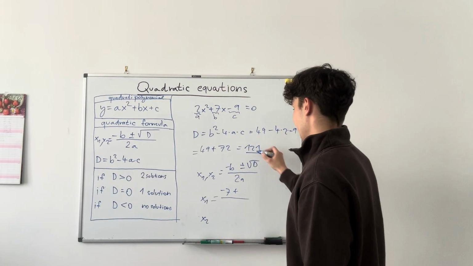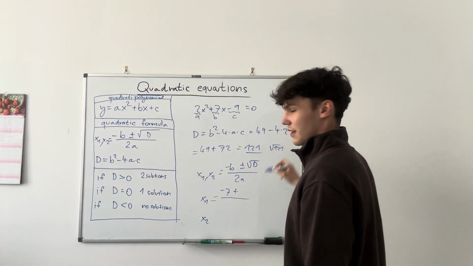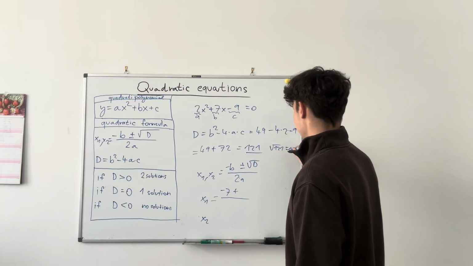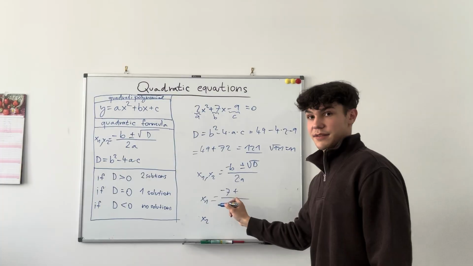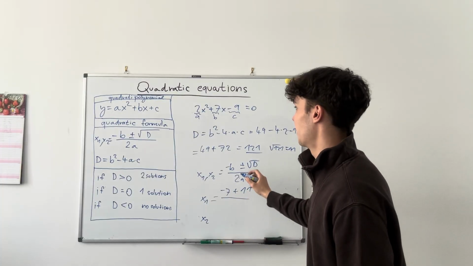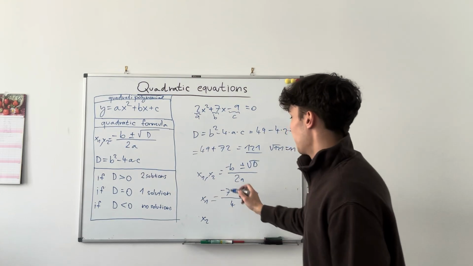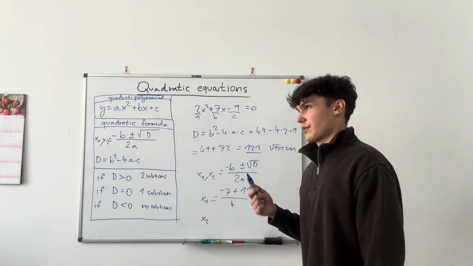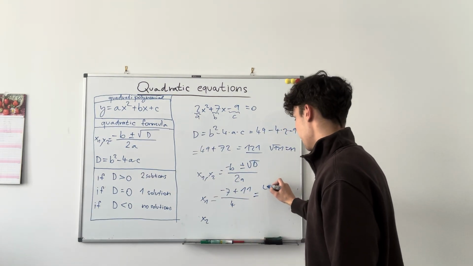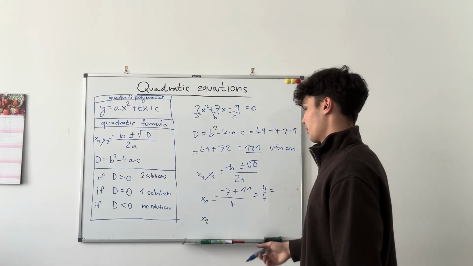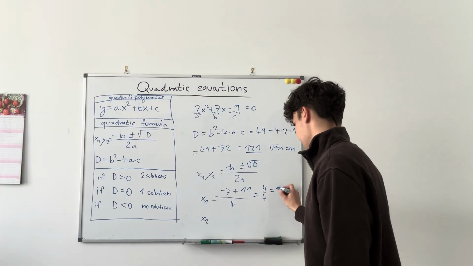The square root of 121 is 11. So it's minus 7 plus 11 divided by 2 times 2, that is 4. Minus 7 plus 11 is 4, divided by 4, and x1 is equal to 1.